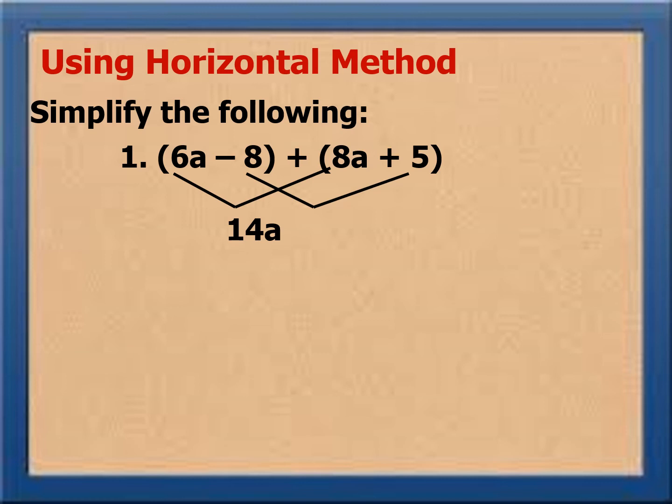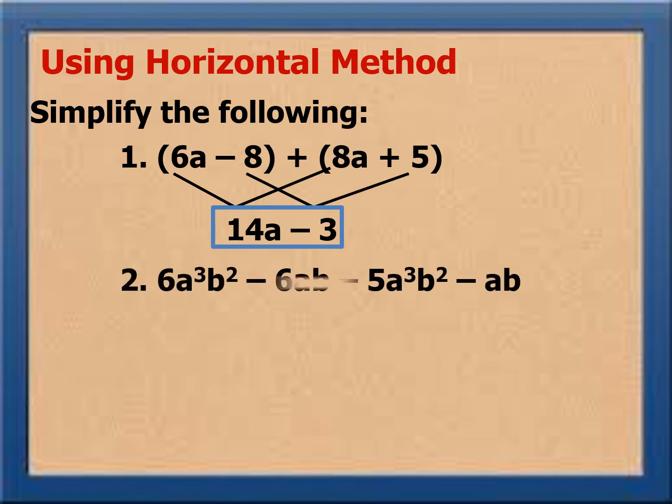And if we add -8, don't forget the operation before the constant, that's -8 plus 5, which is -3. So the answer for this one, using the horizontal method, is 14a minus 3. Questions? None? Okay, let's proceed.